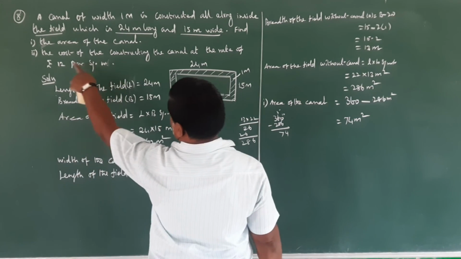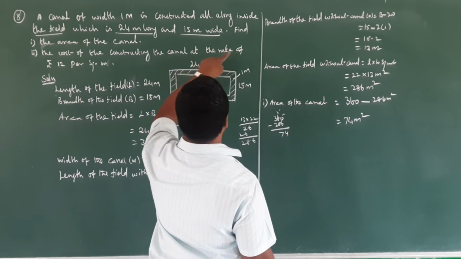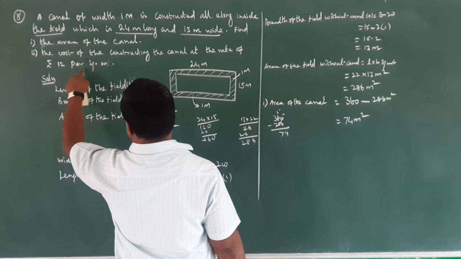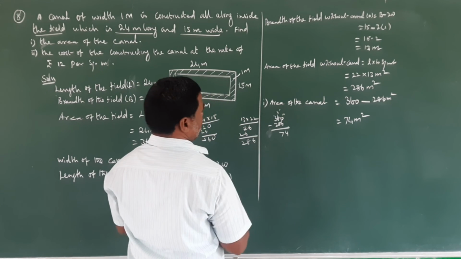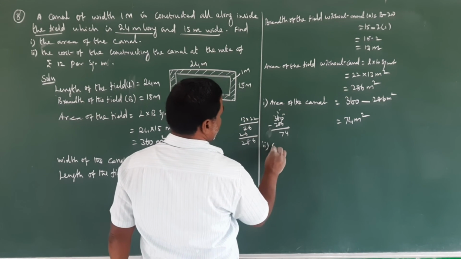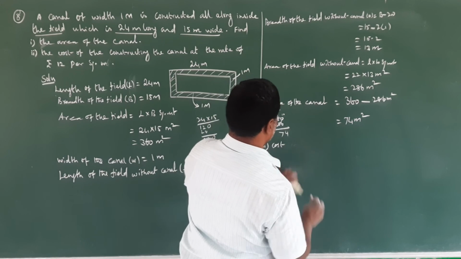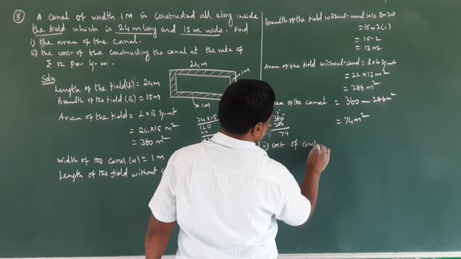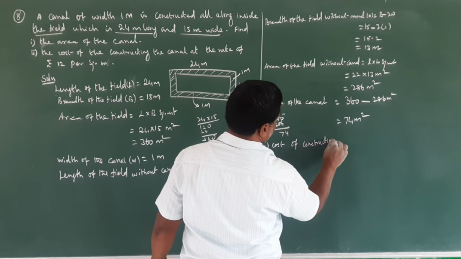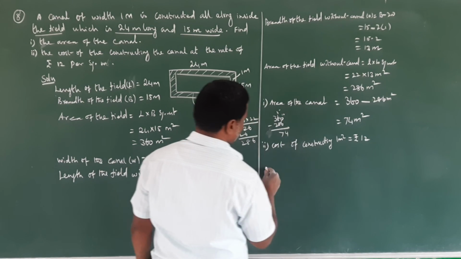Now, the second question: the cost of constructing the canal at the rate of 12 rupees per meter square. Cost of constructing 1 meter square equal to rupees 12.